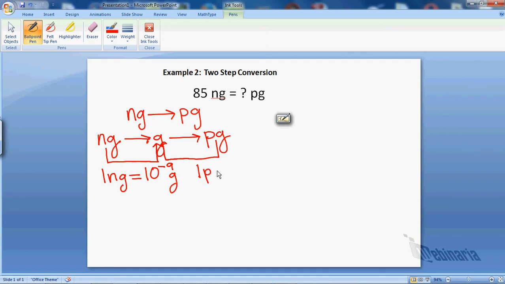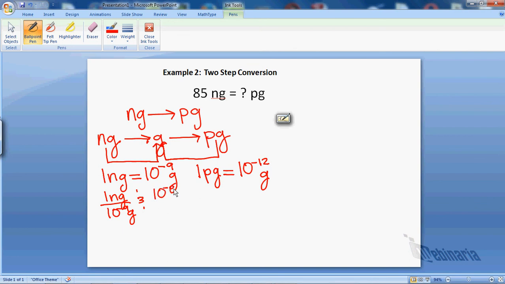We put 1 with pico because it contains our prefix, and 1 picogram is equal to 10 to the minus 12 grams.